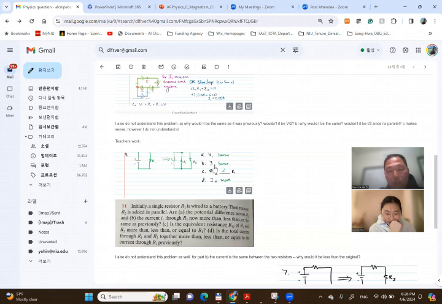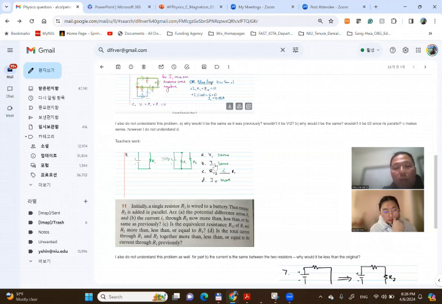But I1 should be less than before, because previously the total current flowed through one path of the circuit, and now it is split into two paths. So I1 must be less than before, since some current flows through I2 with R2.